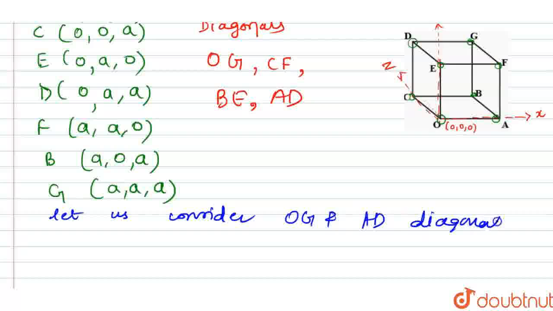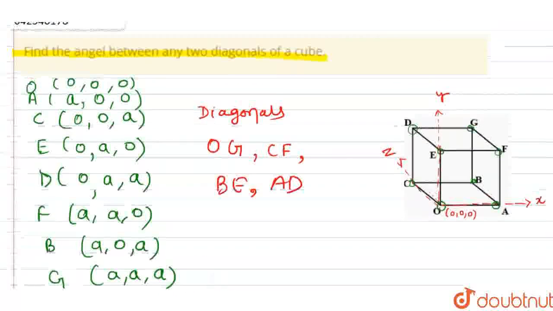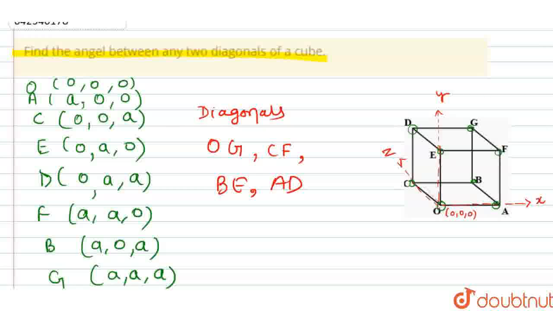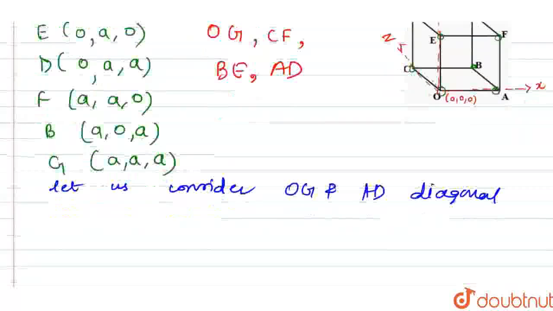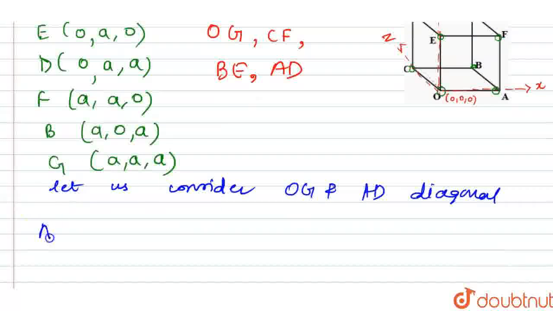We know that if point A is at (x1, y1, z1) and B is at (x2, y2, z2), two points in space, then the vector AB will be (x2 minus x1) i cap plus (y2 minus y1) j cap plus (z2 minus z1) k cap.